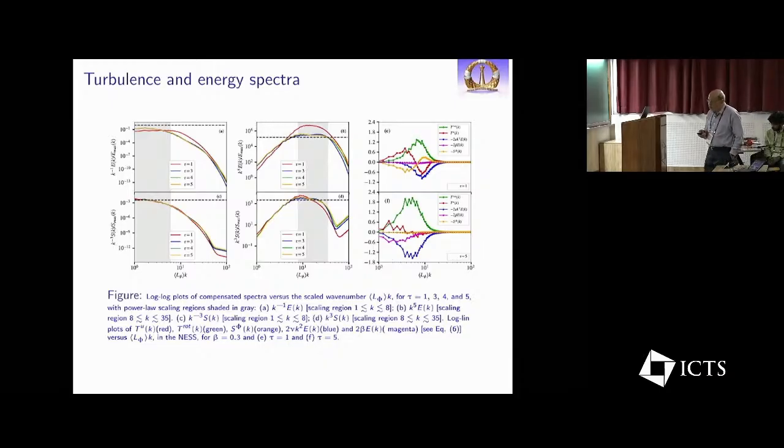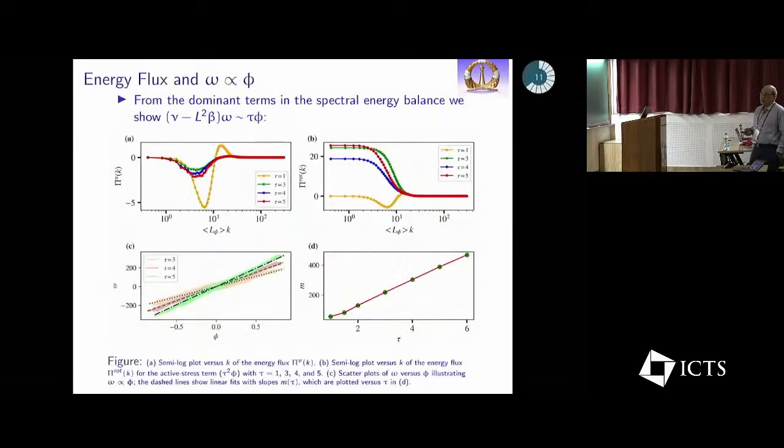So this is a new type of turbulence, if you like, driven not by external forcing, but it's sort of active, and so it's another control parameter. These are, for the experts, the fluxes, don't worry about that.